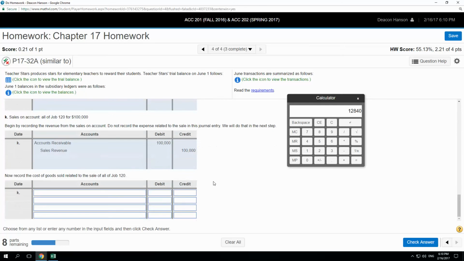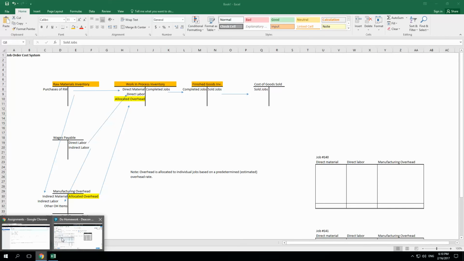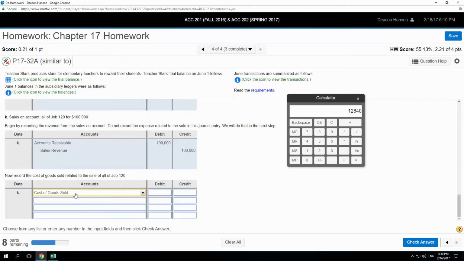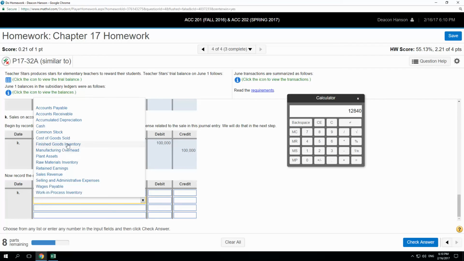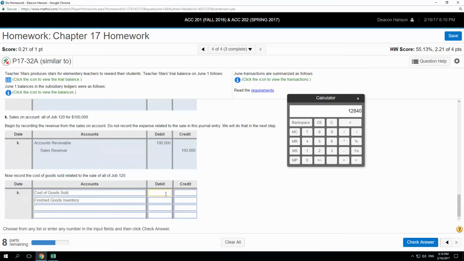So what we're doing now is taking it out of finished goods and charging it to cost of goods sold. So that's going to require a debit to cost of goods sold and a credit to finished goods inventory. And I'm going to use that number, 49,580.